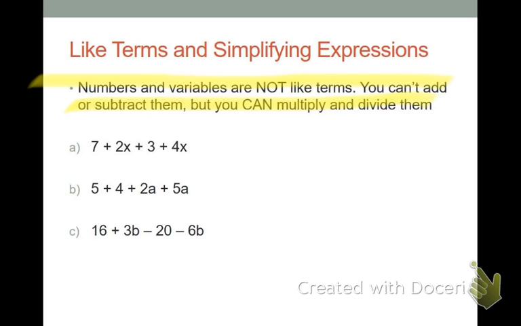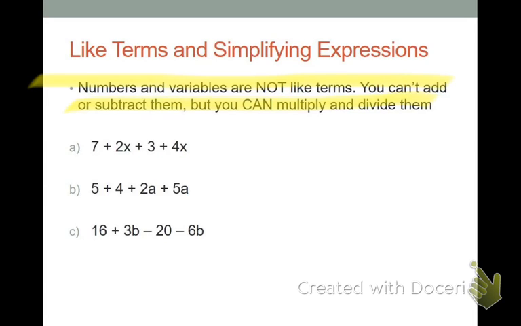Okay, so this is intro to simplifying expressions. For some reason, they kind of start introducing some of this before we actually do the lesson in 2.3. All right, so numbers and variables are not like terms. You cannot add and subtract those terms together, but you can multiply and divide them.